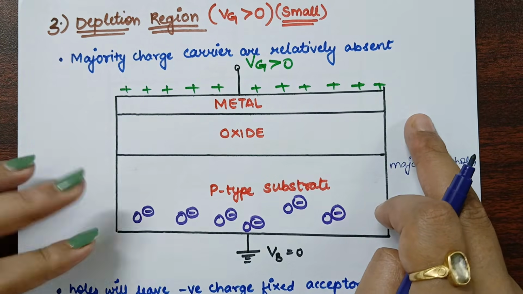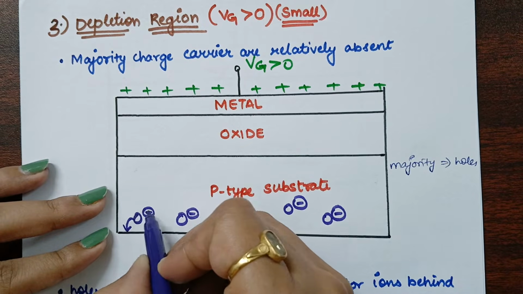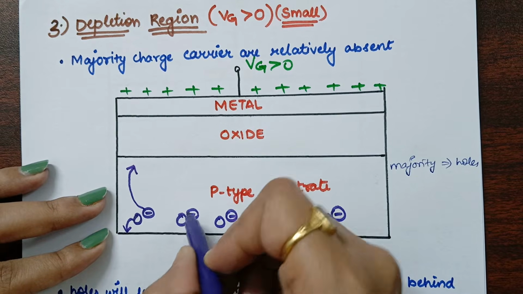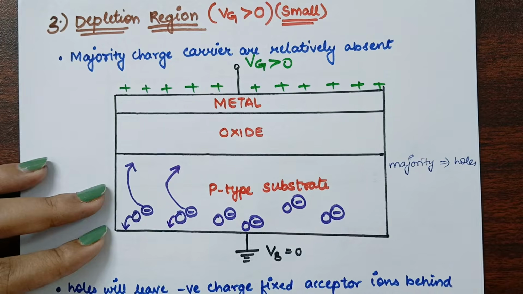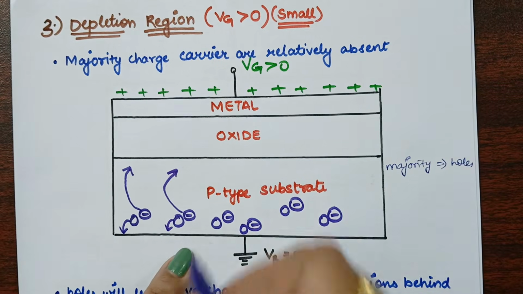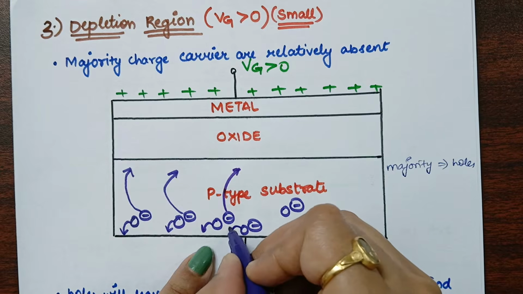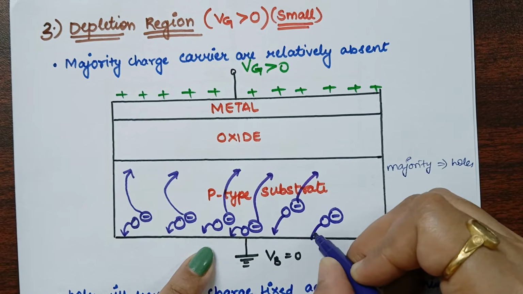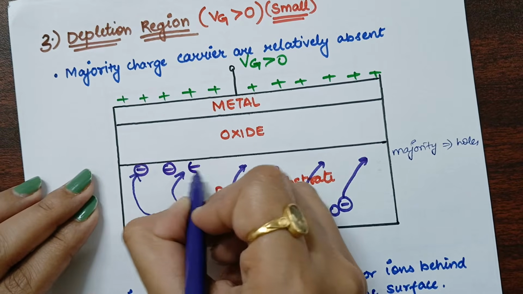The holes will be left behind and the acceptor ions will move towards this region. Here the hole will be in this direction, the acceptor ion in this direction, and they will all move in this direction.